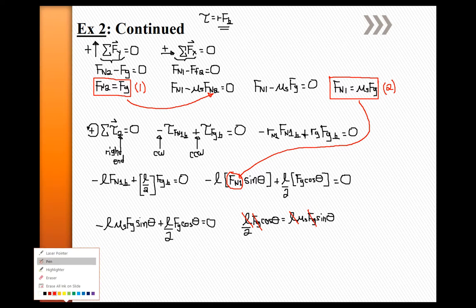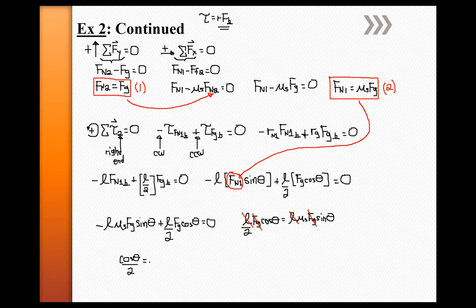So now I'm going to be left with cosine of theta over 2 is equal to mu s times sine theta. Okay, let's get mu s isolated. Oh no, what do we want? We want the angle.